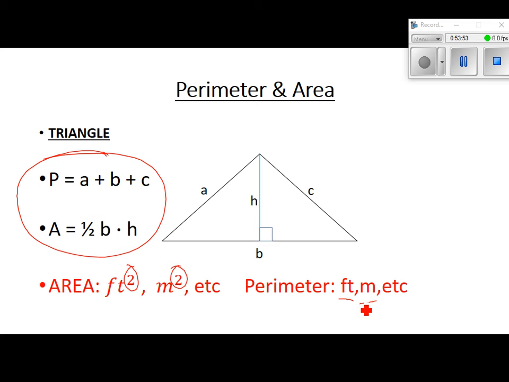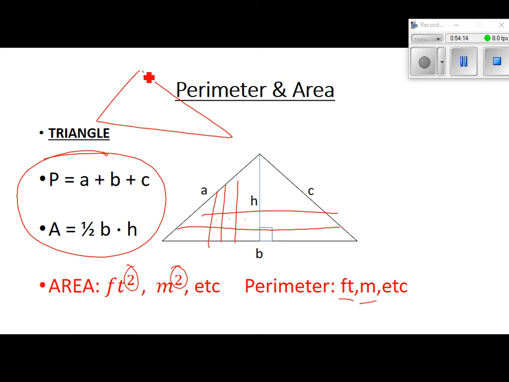The reason area is square units is because you're taking this shape and splitting it up into little squares and counting how many of those little squares fit inside of it. That's what area is doing. With the triangle, 1/2 times base times height. Anytime you are given a triangle, you're probably going to be given something like this.